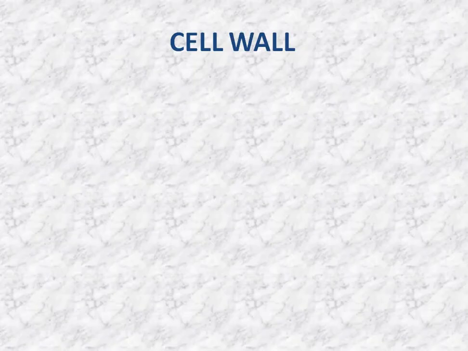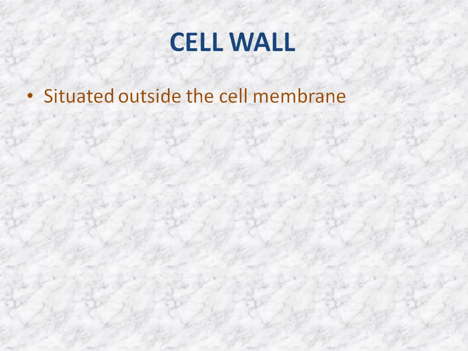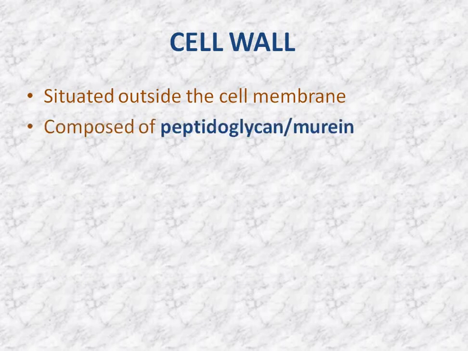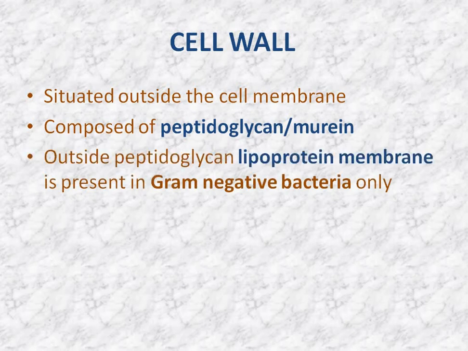Now the second component of the bacterial cell envelope, that is the cell wall. It is present outside the cell membrane, and in bacteria it is made up of peptidoglycan, which is a large molecule and is also called murein. In gram-negative bacteria, the peptidoglycan is covered by another layer made up of lipoproteins or lipopolysaccharides, but this is only in the case of gram-negative bacteria.